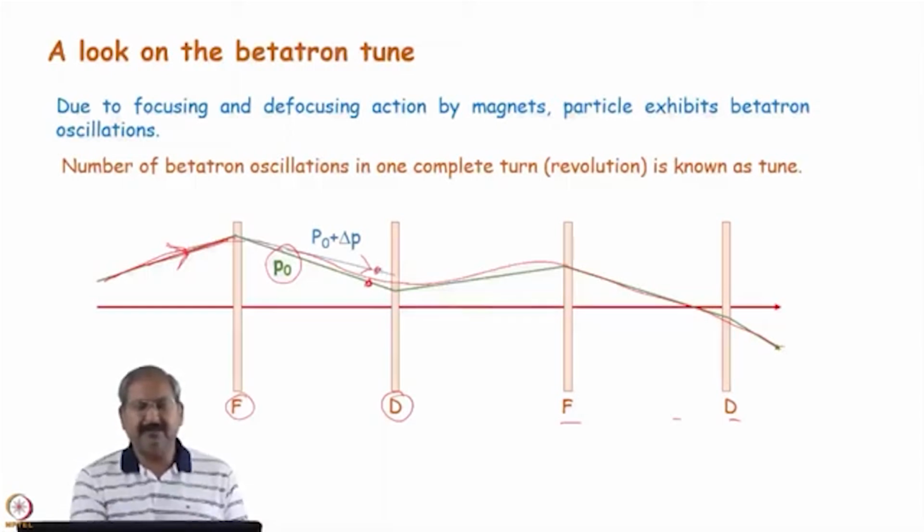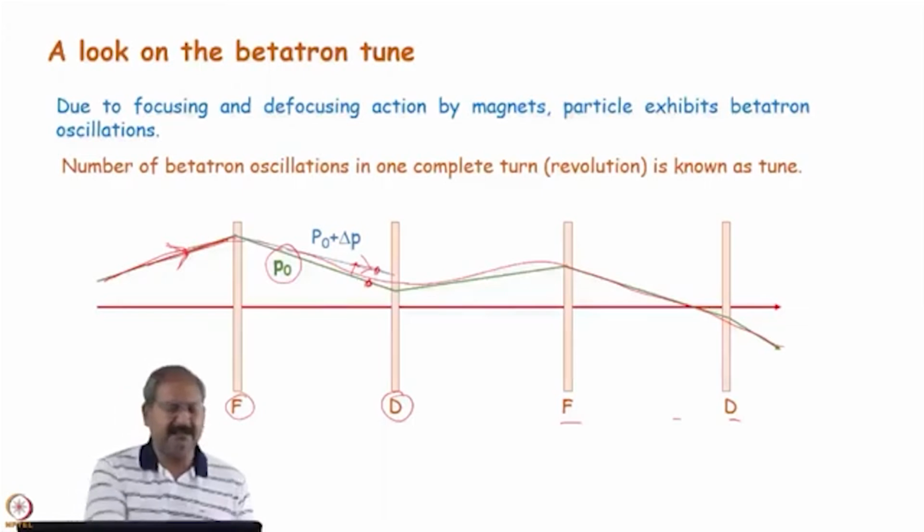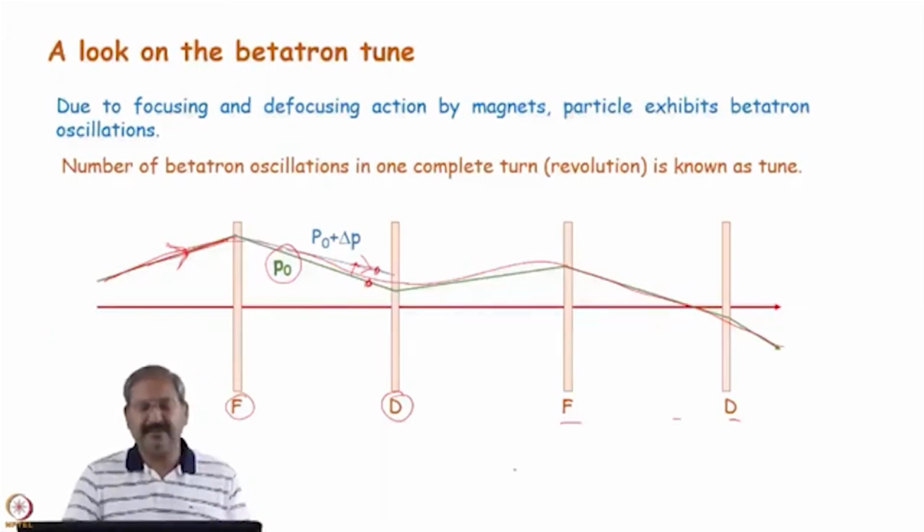Now for the off momentum particle, because it has higher momentum, the focal length of the quadrupole will be higher. Meaning focusing will be somewhat weaker than for the design momentum particle. So the trajectory will be in this fashion, and when it reaches the defocusing quadrupole, that will also act with somewhat weaker strength, and then it will send this trajectory towards this.